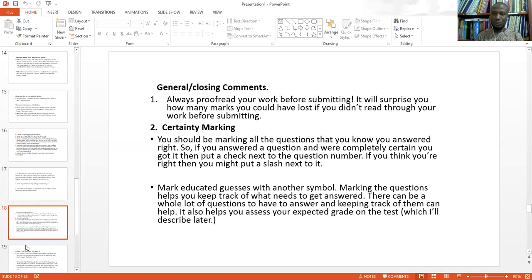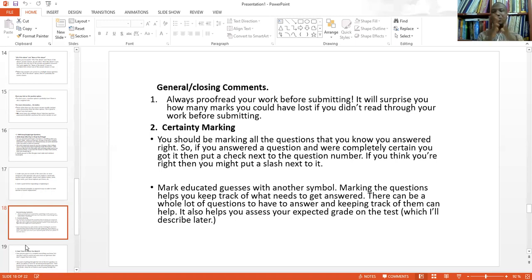It helps you to actually have a fair idea of the grade you are likely to score in the exam, whether you have passed the exam or not. It gives you a very fair idea about that, because if about 70 or 80% of the questions you answered, you get a check against them, it means that you answered more than half of the questions correctly.